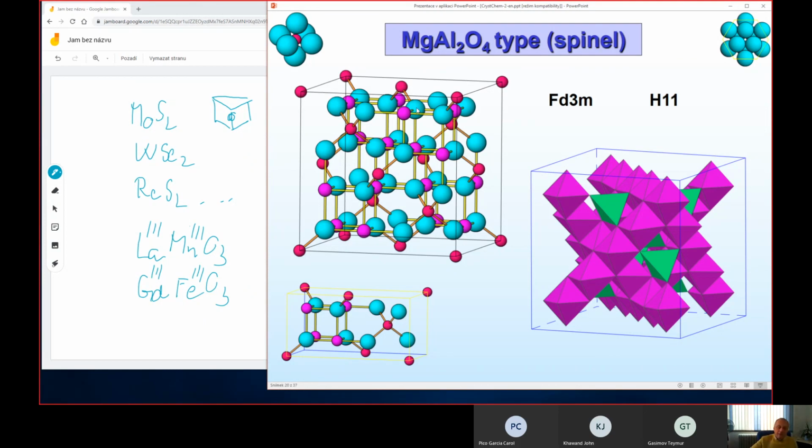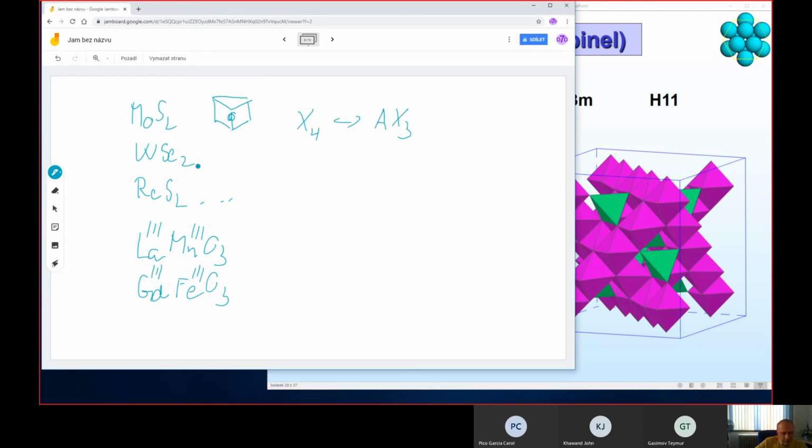For instance, the atoms which have the configuration d5, like iron 3+, or d10, like zinc 2+, but also in some cases d6, like d7.